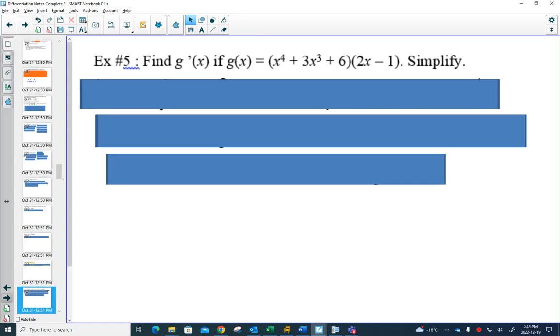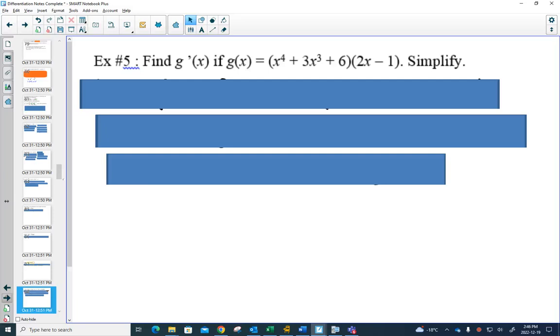So it does say simplify. Because it says simplify, I'm thinking, would it be better to do product rule first, then simplify? Or would it be better to simplify first, then just do regular derivative rules? So either way.